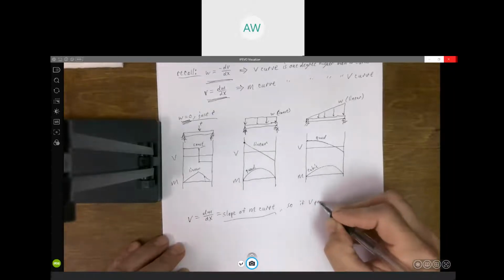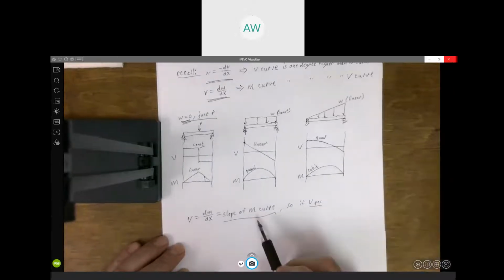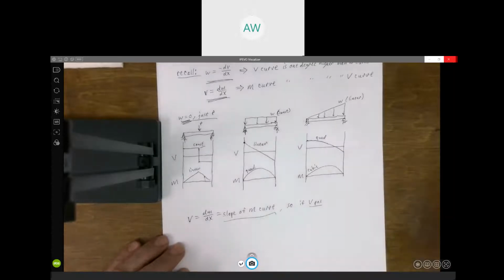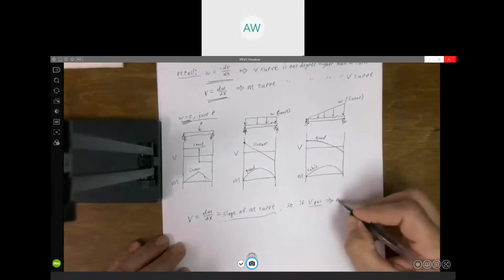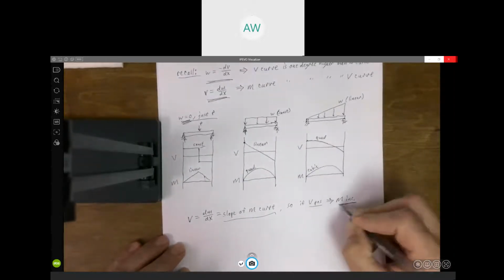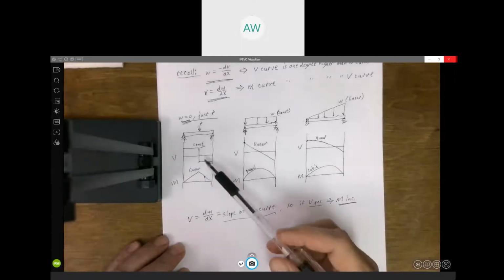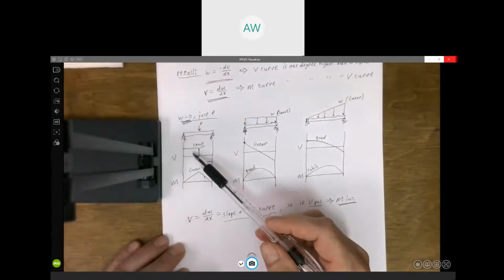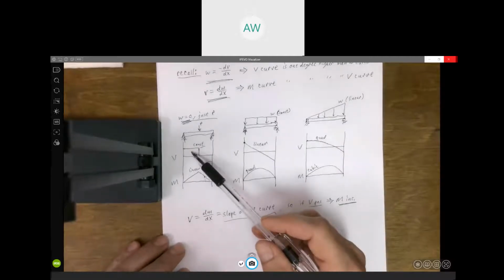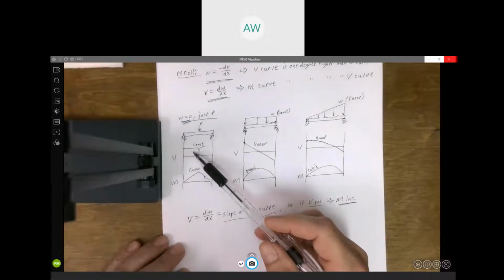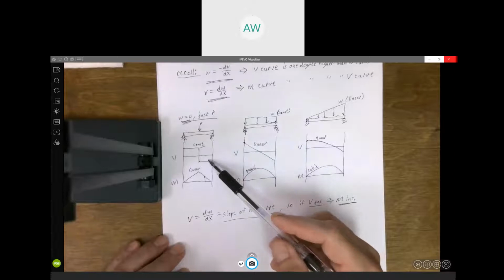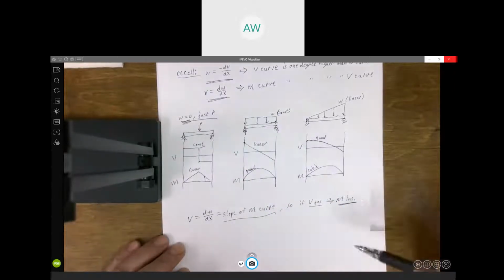So if V is positive, that means the slope of the moment curve is positive. That means it's increasing. So this means our moment is increasing. We kind of did this before. I just told you, if the area was positive, we were going to increase, and if the area down here was negative, we were going to decrease. But this is why, mathematically, that's the way it works.